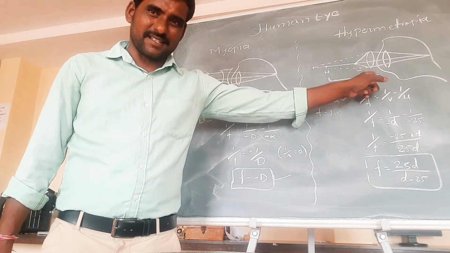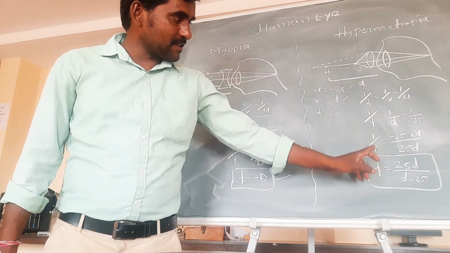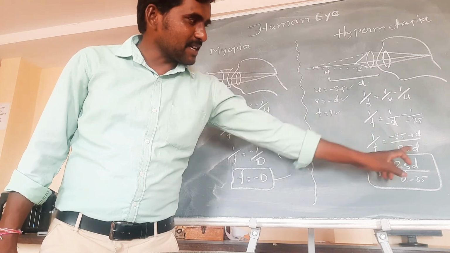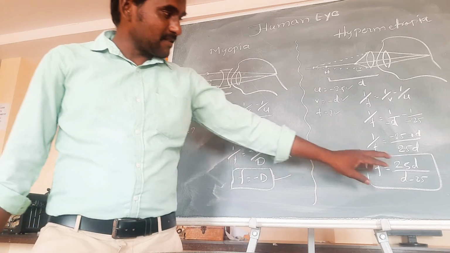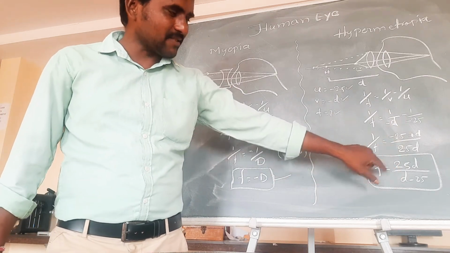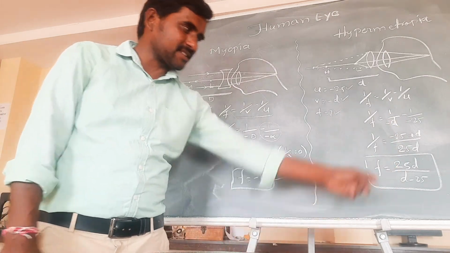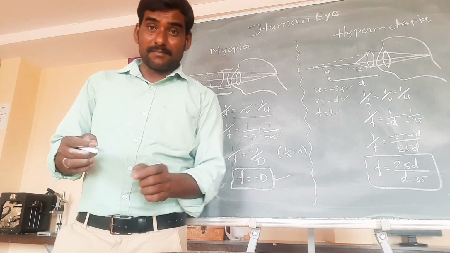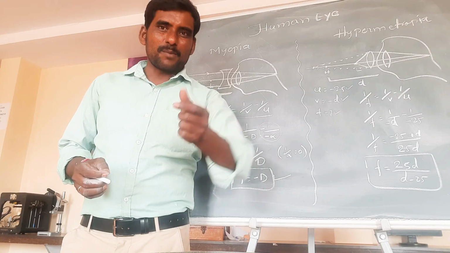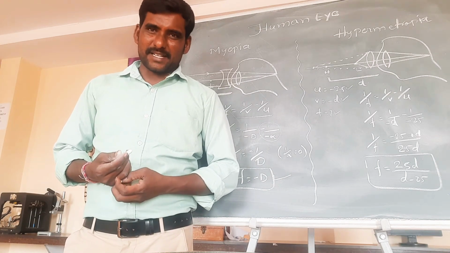L is the 25 distance. So 1 by F equals, LCM 25D, minus 25 plus D. So here, see, when I change the reciprocals, F equals 25D by D minus 25 is the focal length of a hypermetropic person. Based on this, they may also ask some problems in entrance examinations.